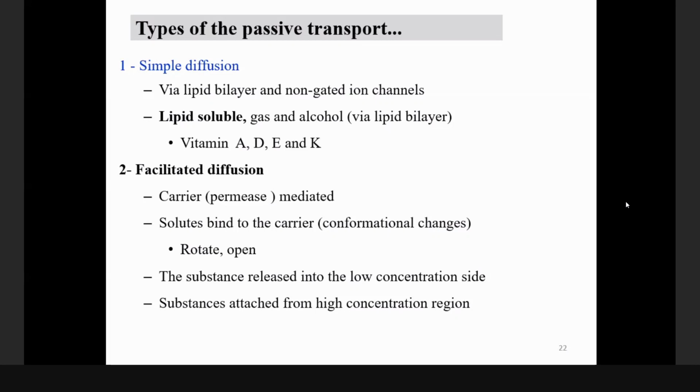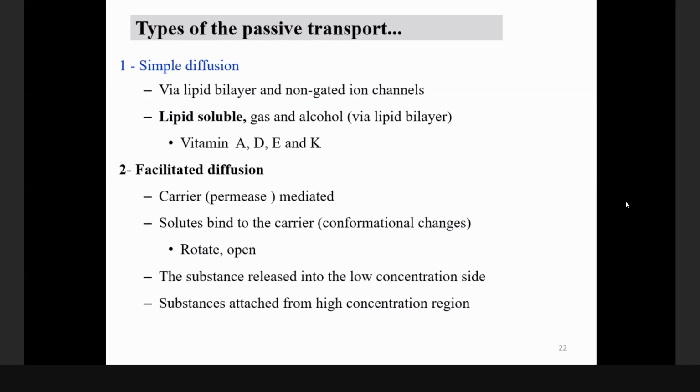And you can classify the passive transportation process across the cell membrane into simple diffusion, facilitated diffusion, and osmosis. The first is called simple diffusion. In simple diffusion, substances move from high to low through the lipid bilayer or through non-gated ion channel proteins.